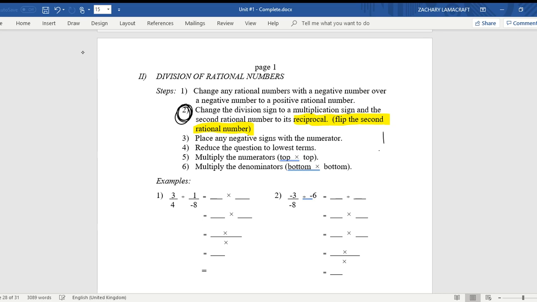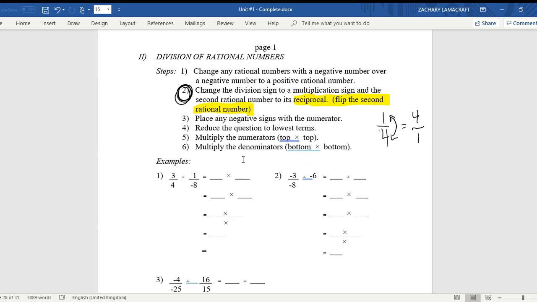So flipping it means that this would then become this. We just flip those numbers around. And then our job is to multiply the numerators or the top and then multiply the denominators or the bottom.